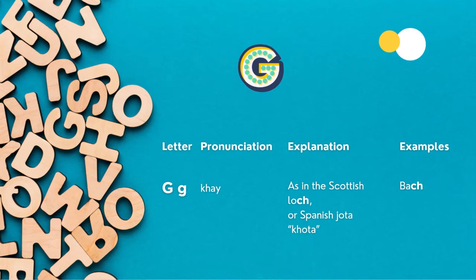And an example of that is also, for example, Bach. Or you could also say it with a soft G. So both can be possible. Okay, repeat after me. G. All right, good. Then we go to the next letter.